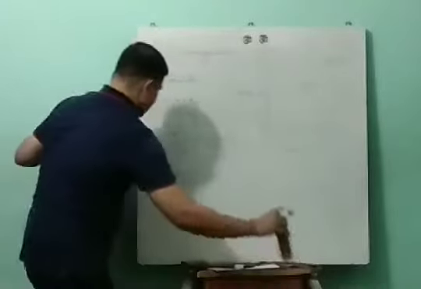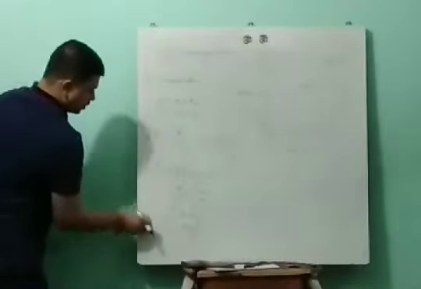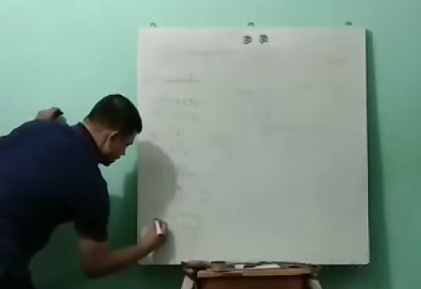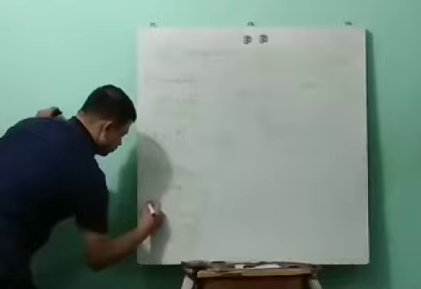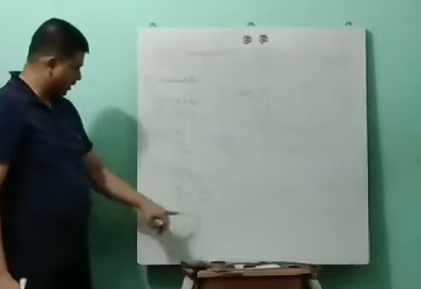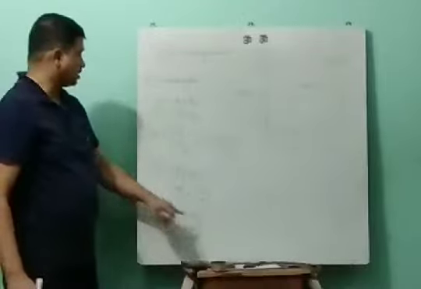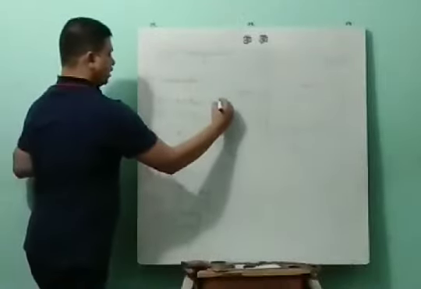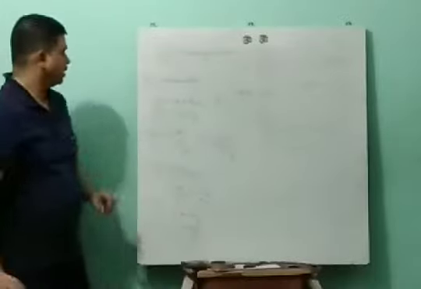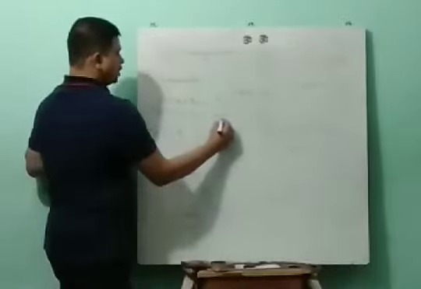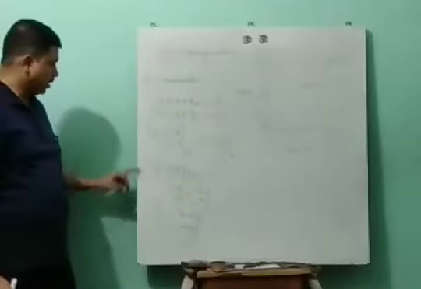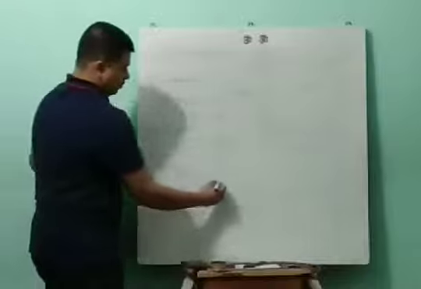So here P dash is nothing but x dash and y dash. So here the first element is equal to the first element here, that is x dash is equal to x plus Tx. The same thing we got here. Then y dash is equal to y plus Ty. The same equation is here. So this is in the equation form, and here we got it in the matrix form.